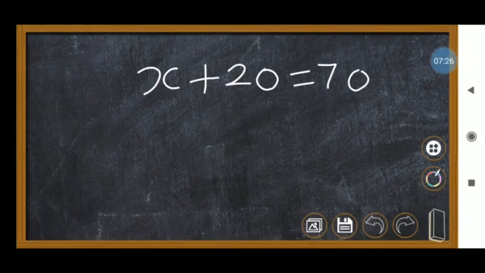So keep constants on one side and the variable on the other side. We have x plus 20 equal to 70. This is plus 20, right?